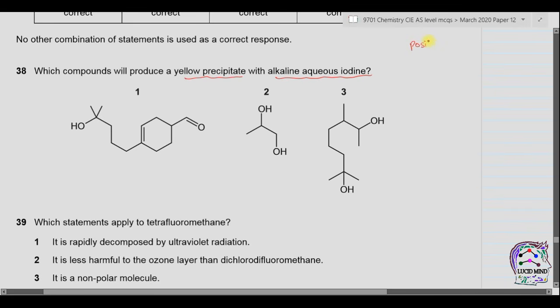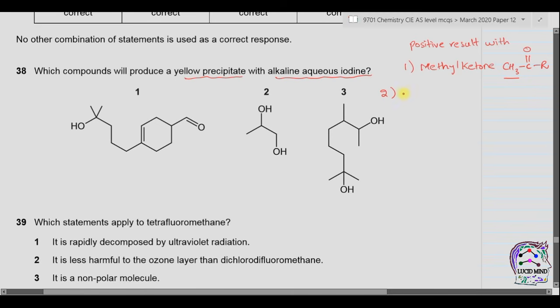So it gives a positive result with number 1, if you have a methyl ketone, that is CH3 C double bond O R. So on one side of the ketone there must be a methyl group present.